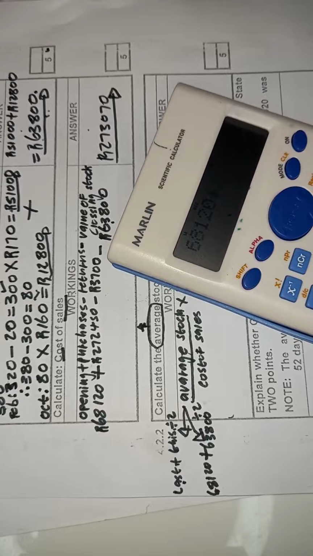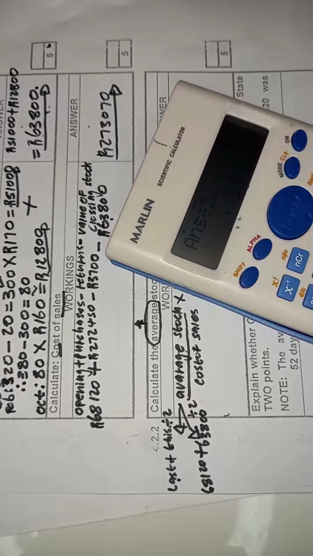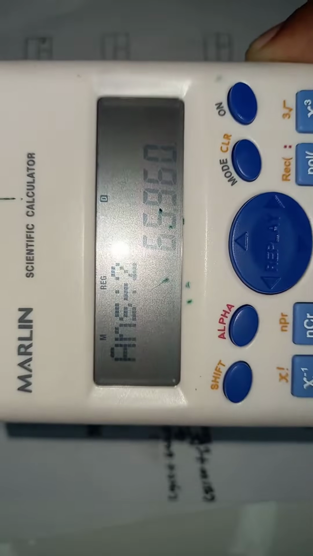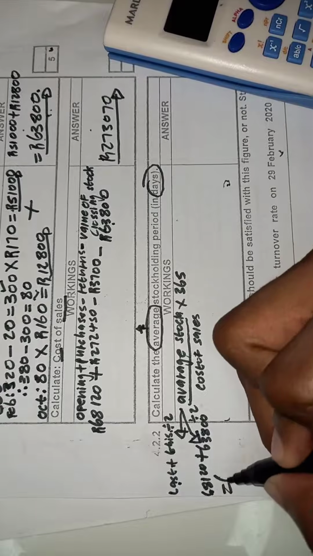So it is going to be 68,120 plus 63,800, divide by 2. So our average stock will be 65,960.